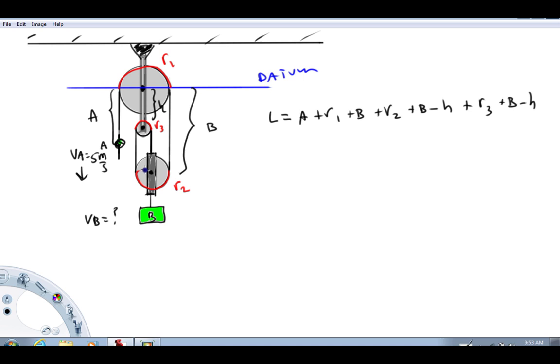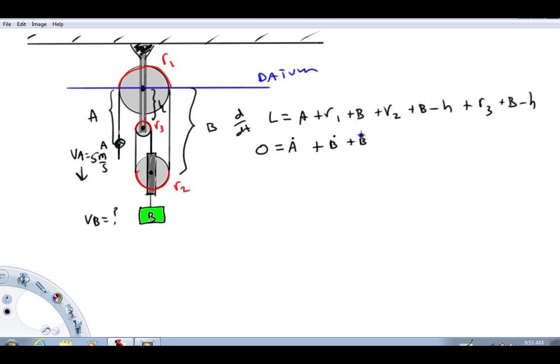Now I'm going to time differentiate everything, so imagine d/dt of all these quantities. The time derivative of L is 0. This term's time derivative is A dot. This one's time derivative is 0 because it's a constant in the problem. This one's time derivative is B dot. This one is 0.